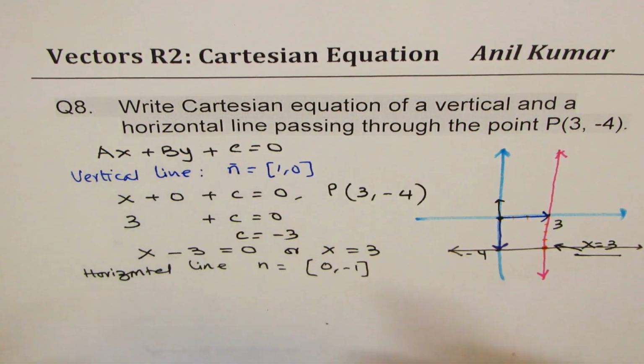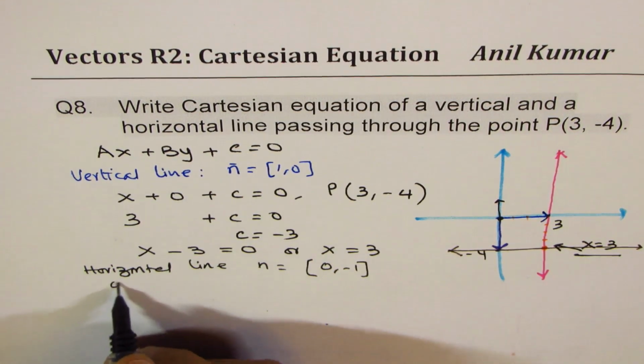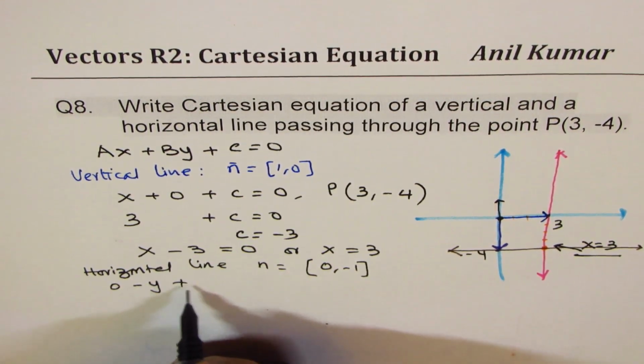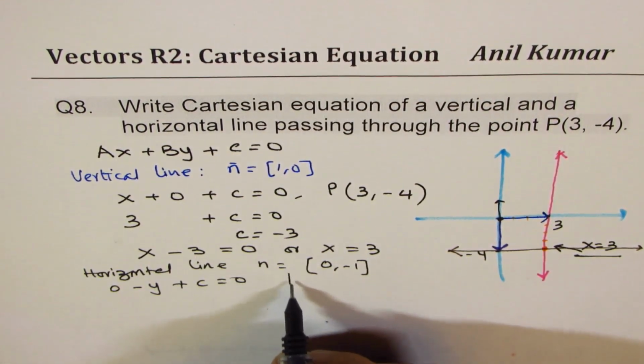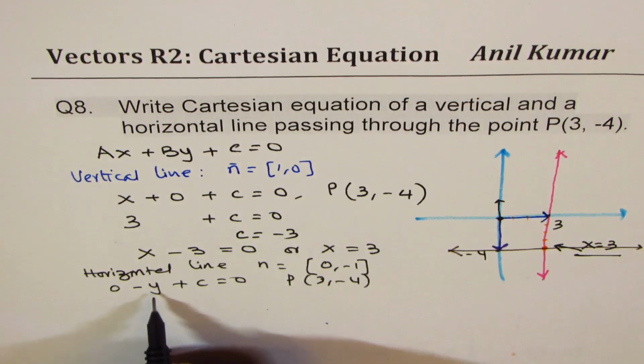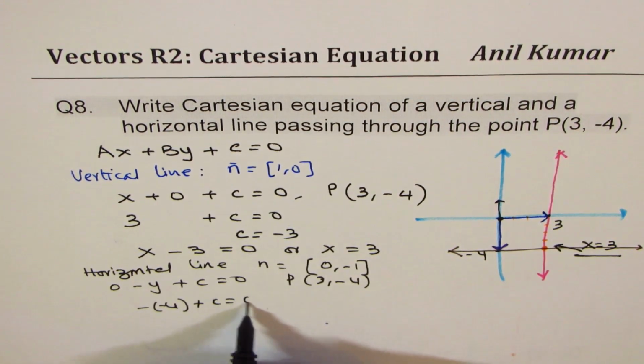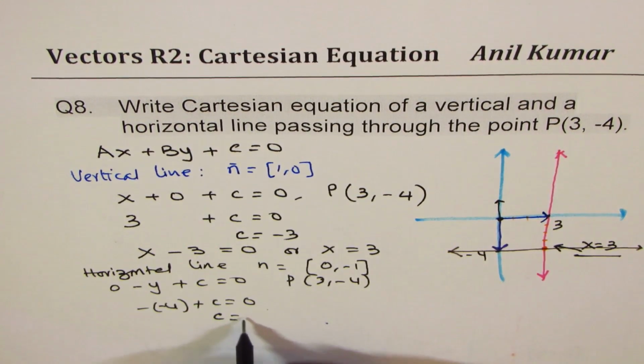Now the equation is the same, and since the normal is (0, -1), we could write this as 0 minus y plus c equals 0, and the point is (3, -4). So if I write 0 for x, minus of minus 4 plus c equals 0. So c is equal to minus 4. Do you see that?